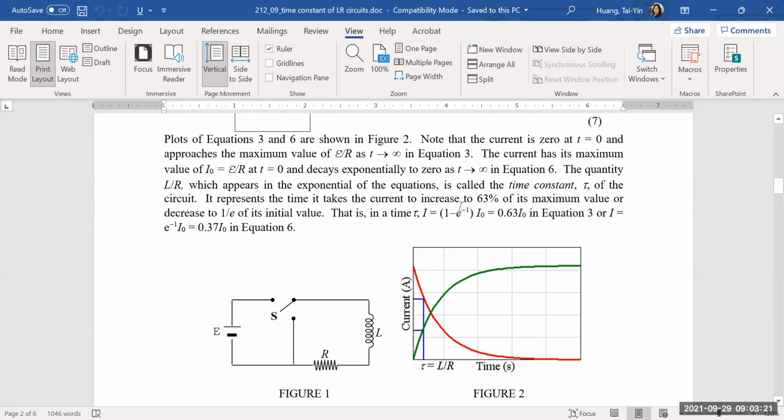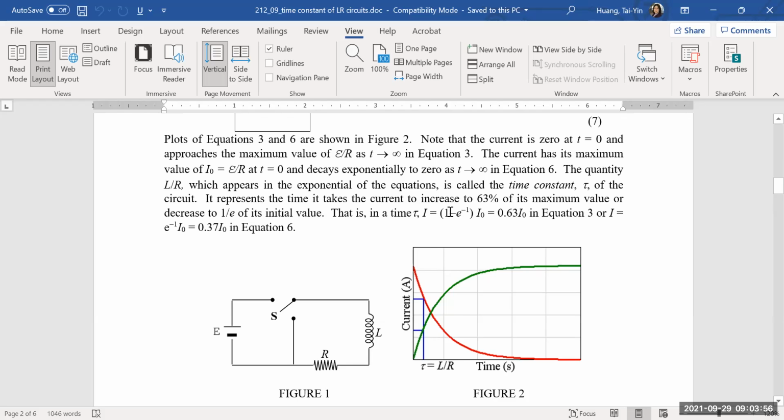Okay, and what is the significance or physical meaning of the time constant? It is exactly the same as in the RC circuit. It characterizes how much time it takes for the current to reach 63% of its maximum value during the rise of the current, or the amount of time it takes for the current to decrease to 37% of the initial value in the decreasing segment.